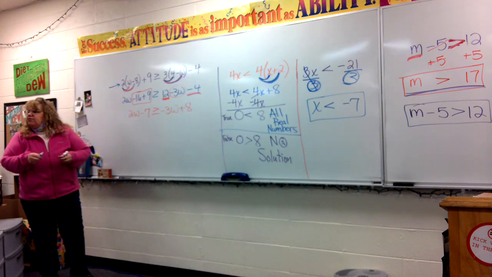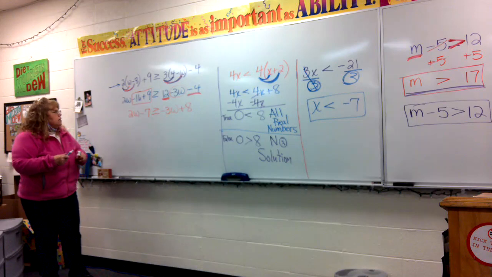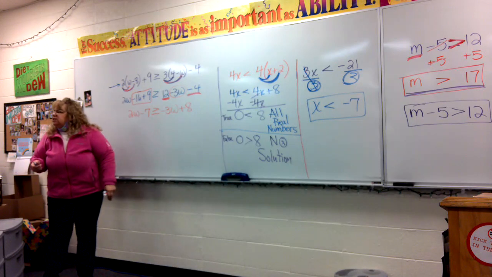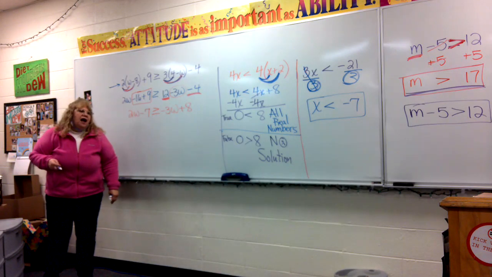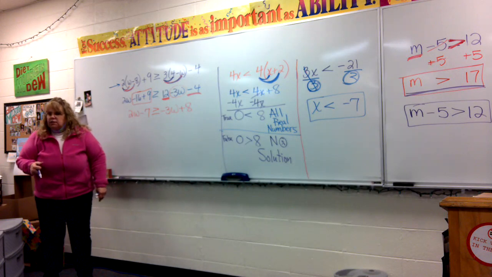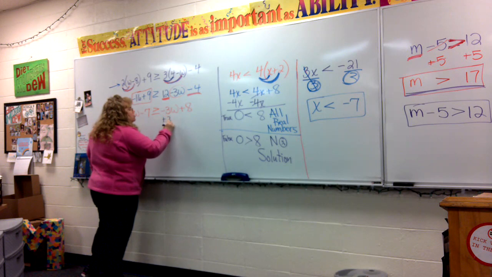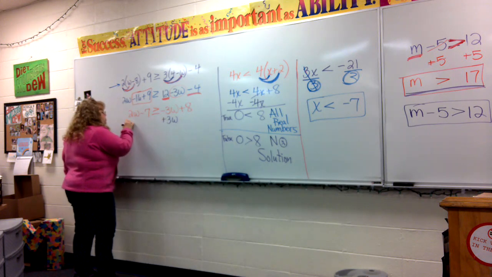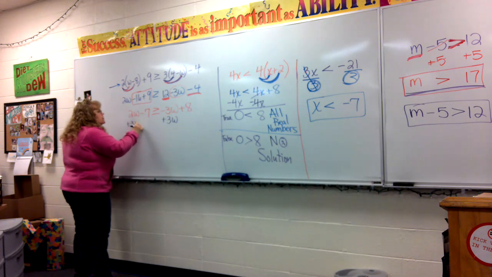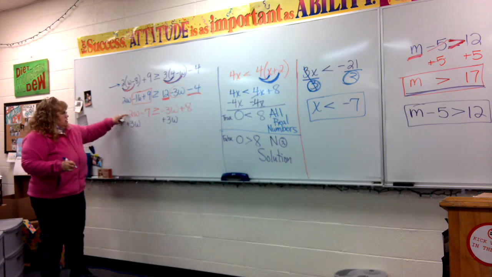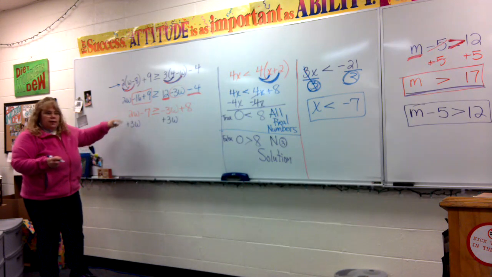Now I have to get all the letter to one side. There's 2 things you can do, depending on if you're a positive or a negative person. See, I'm a positive person. I'm going to add 3W to both sides. What would you do if you're a negative person? Subtract 2W.